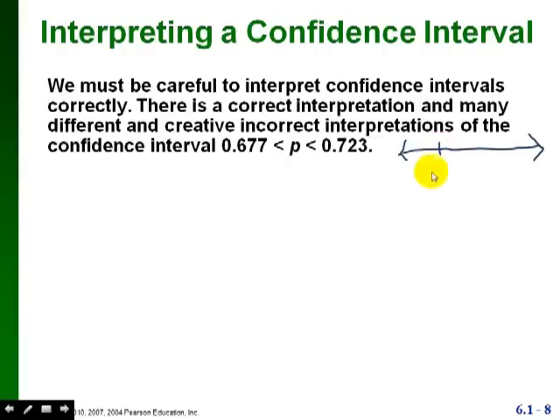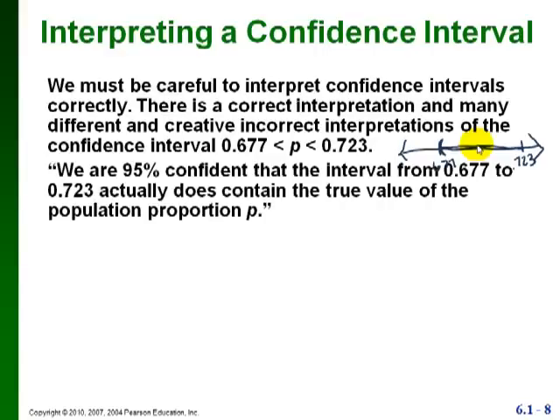So if we have the 0.677 and the 0.723, what the confidence interval says is that our true population proportion could be anywhere in between these two values. And notice that these are open-ended, so it doesn't actually include either one of those two endpoints. But our population proportion could be anywhere in between those two.